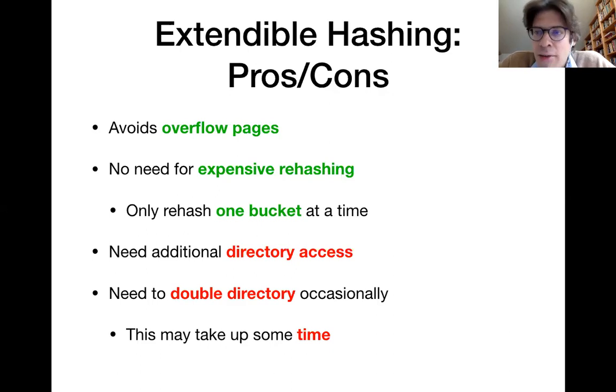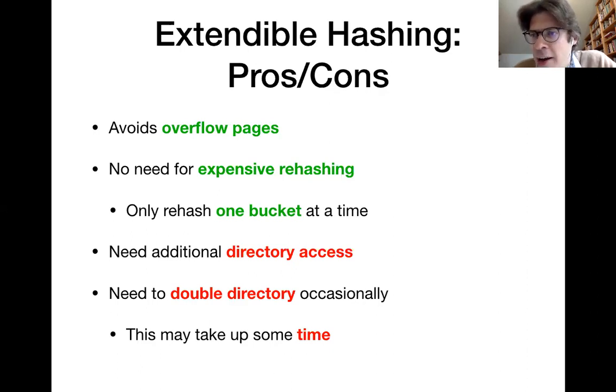On the other side, of course, I'm introducing a directory. So I need one additional access in order to look up things in the directory. And every once in a while, and that is more important, I need to double the size of my directory if the local depth exceeds the global depth. Now, doing this operation where I double the size of the directory takes some time, which is inconvenient.